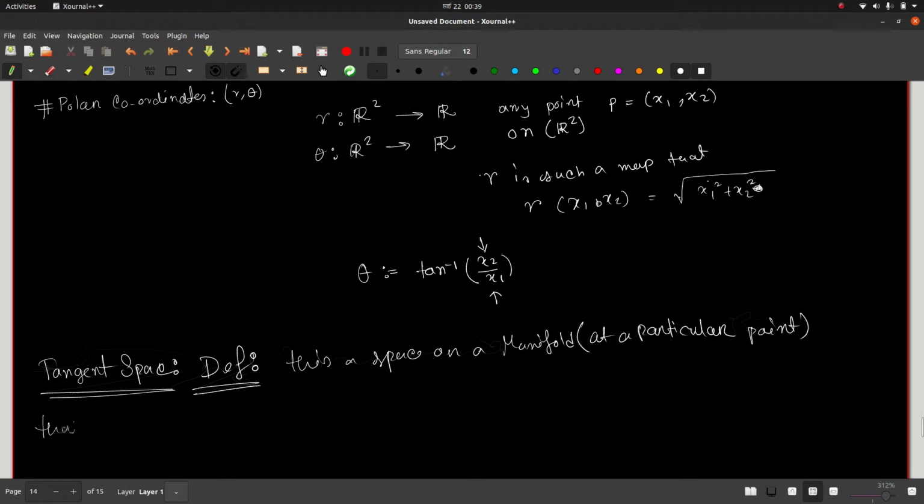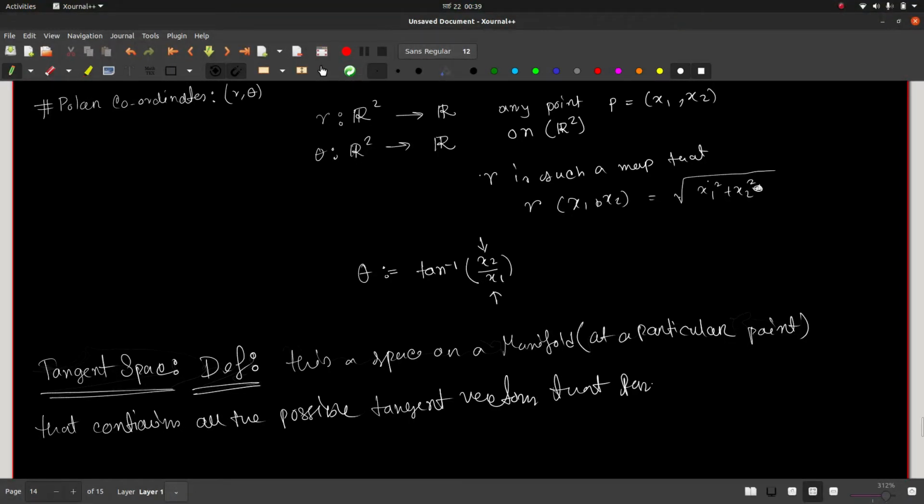That contains all the possible tangent vectors that pass through that point.